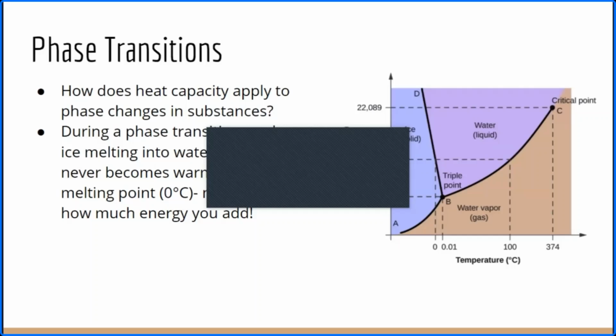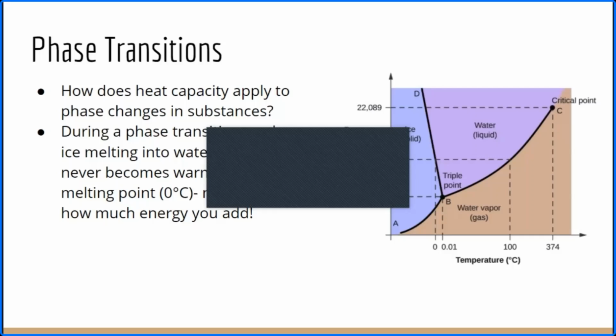So what we see here is that during a phase transition, such as ice melting into water or water evaporating into vapor, it never becomes warmer than that phase change point, the melting point or the boiling point, no matter how much energy you add.